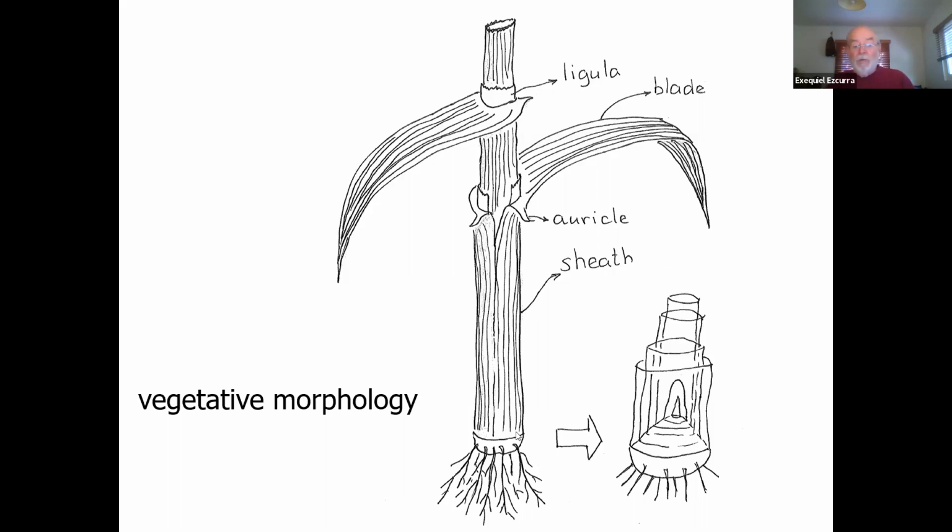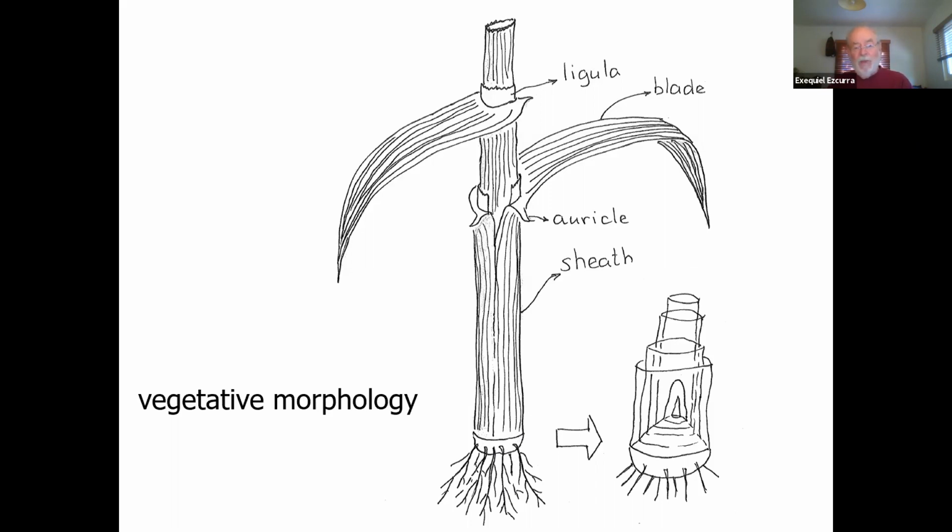This whole structure, the base, the short shoot, the sheaths coming out, is known as a culm, C-U-L-M. And culms are really the basis of the formation, the vegetative formation of grasses. Any grass plant that you see is a population of culms.